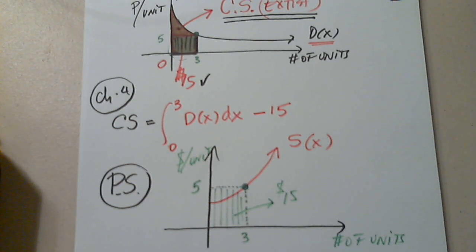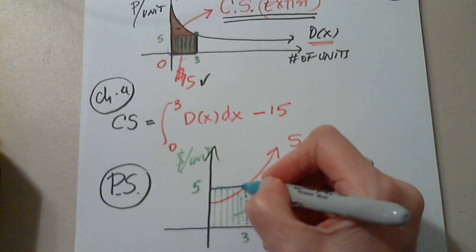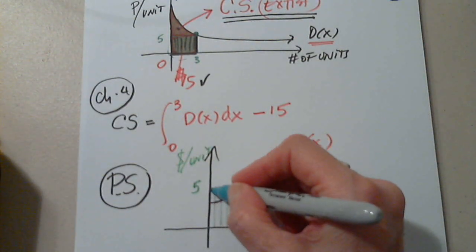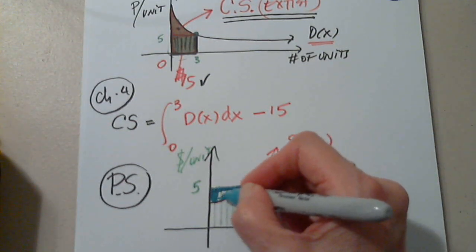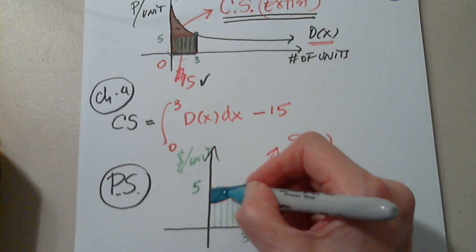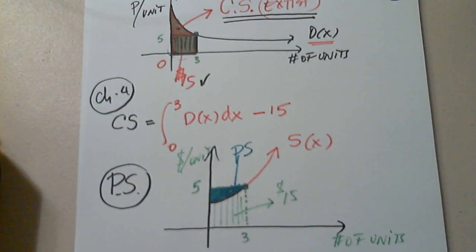But now this piece is the producer surplus. This area is the producer surplus.